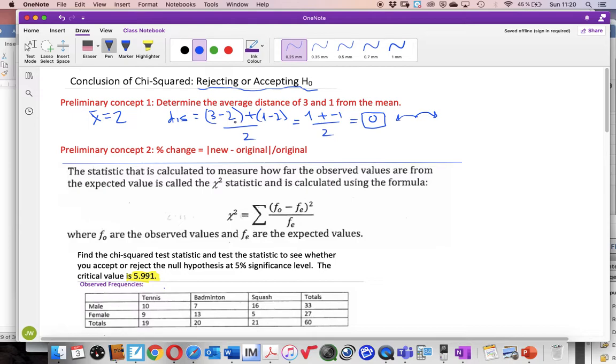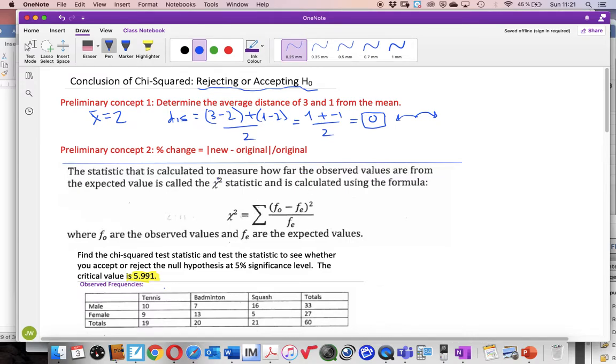So this concept about negatives and positives canceling out comes up throughout. What we do in these cases is a lot of the time we will instead square it and square root. Perhaps you've already met that concept somewhere, and we're going to be using it today.